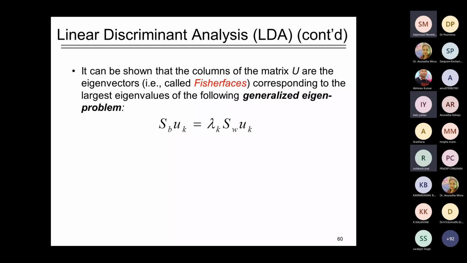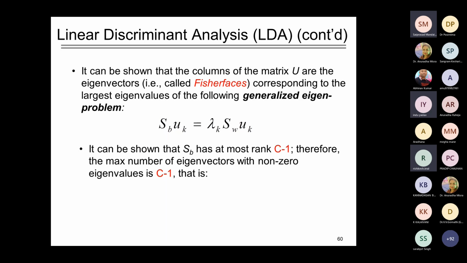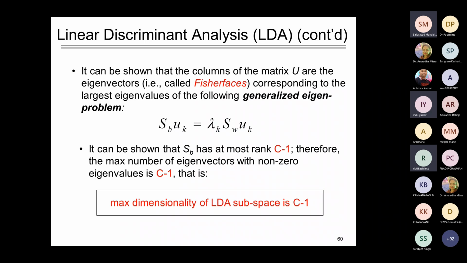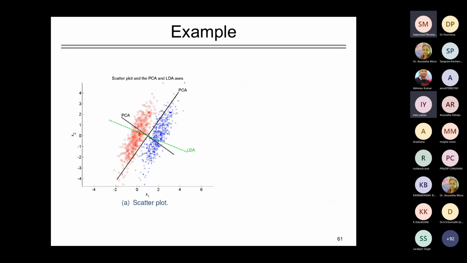It can be shown that the columns of matrix U are the eigenvectors, called Fisher's faces, corresponding to the largest eigenvalues of the following generalized eigenproblem. It can be shown that SB has at most rank C-1, therefore the maximum number of eigenvectors with non-zero eigenvalues is C-1. That is, the maximum dimensionality of the LDA subspace is C-1. When C is equal to 2, we always end up with one linear discriminant analysis feature, no matter what the original number of features was.